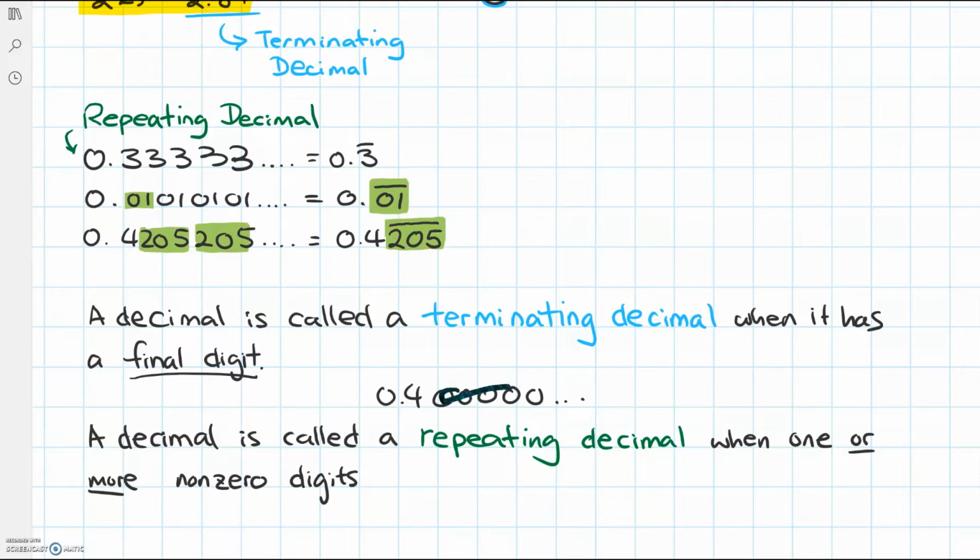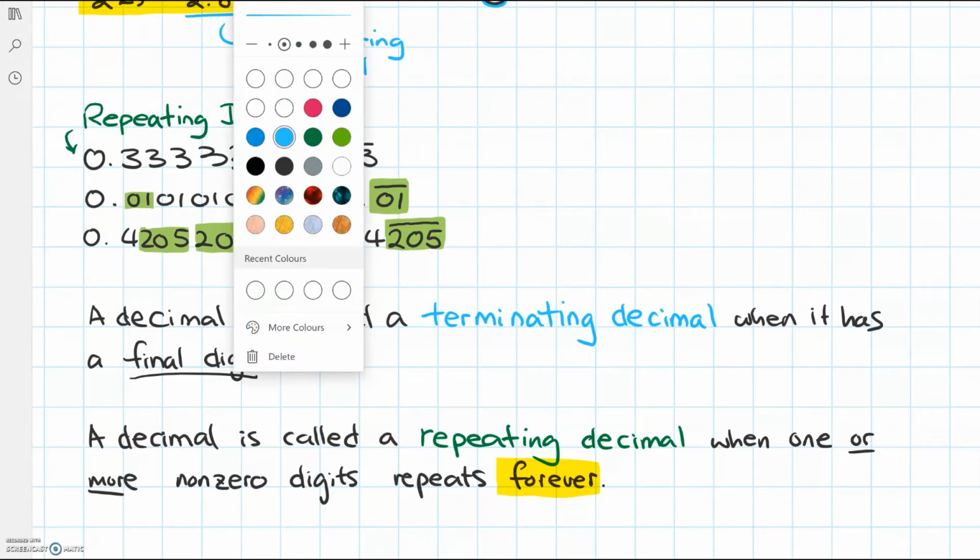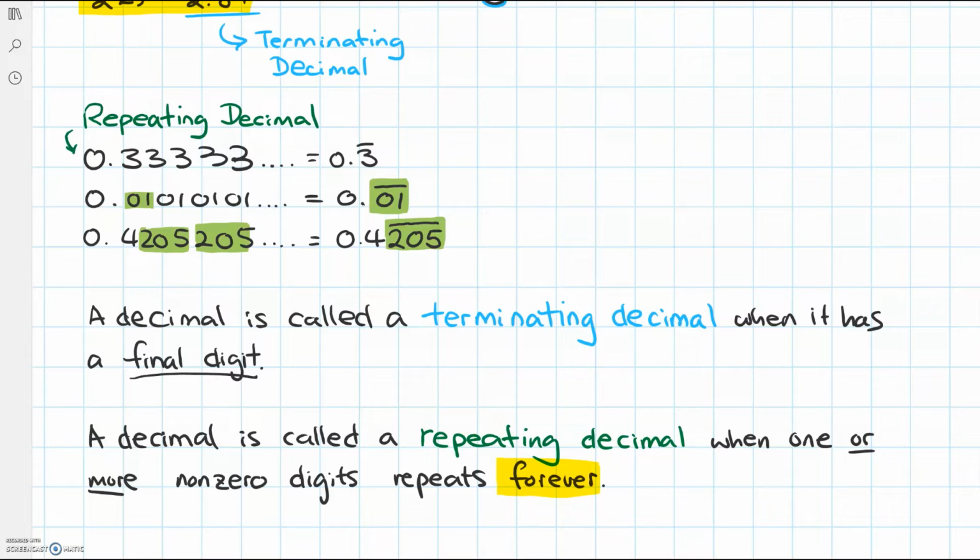That doesn't count. That would just be a terminating decimal, right? So when one or more non-zero digits repeat, it doesn't just repeat once or twice or 3 times, but it repeats forever. And we like to denote that repetition with a bar on top.